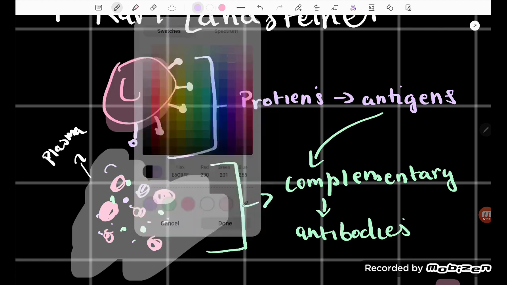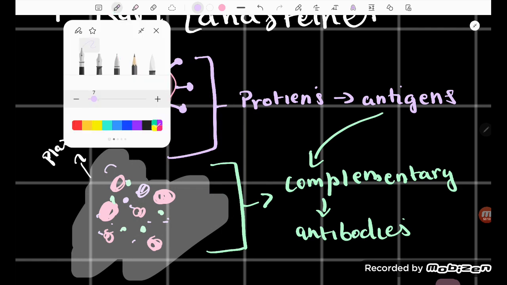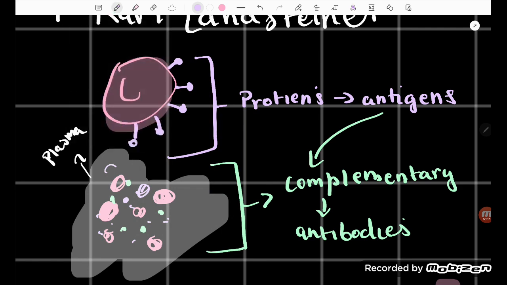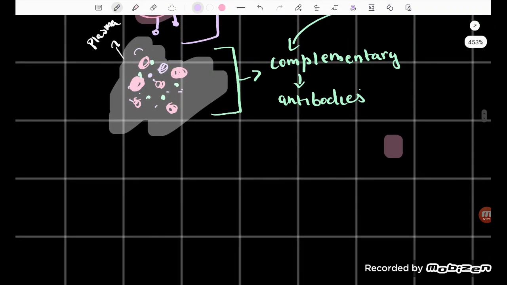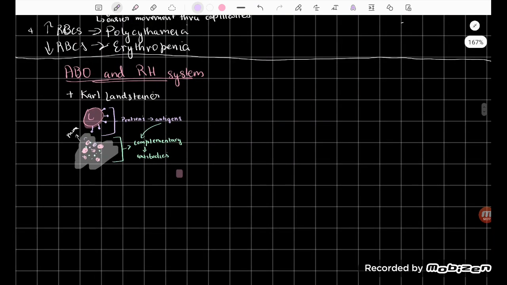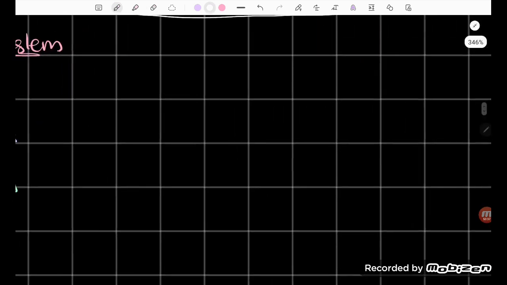Okay, so technically, based on this, he named all of this. I'm just going to do a quick revision for you guys, because you must know this.